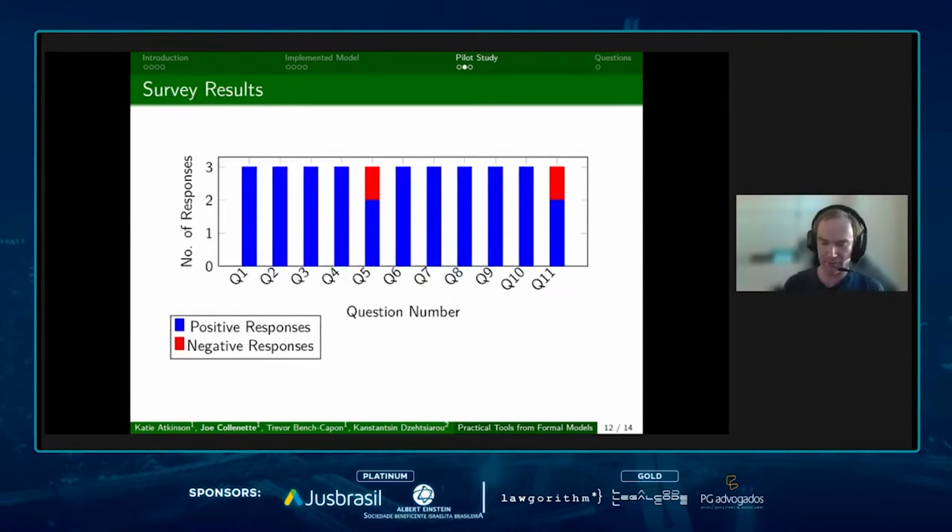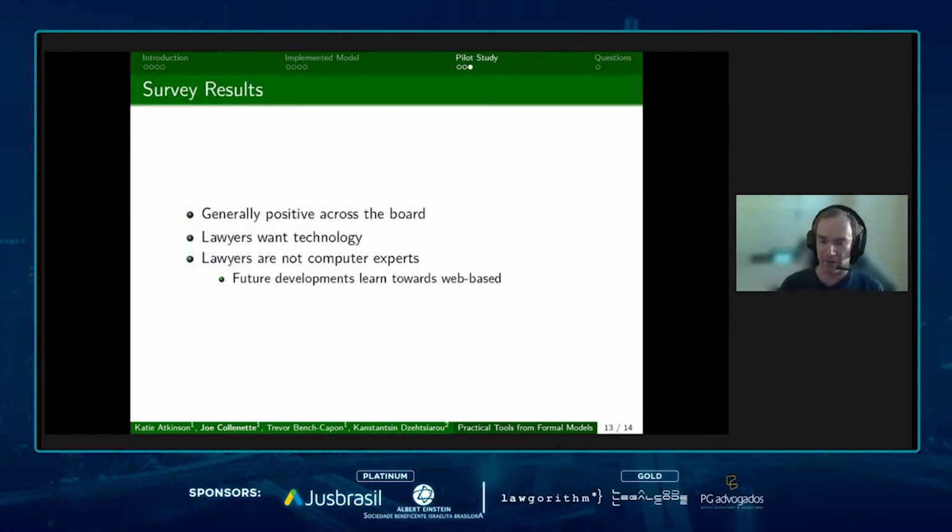And so in our results, we had largely positive across the board, which was very nice to see, even though there's very few. And to conclude, obviously we had some very positive results from the lawyers, and we can generally take away that lawyers do want technology to help them with the issues that they are facing.